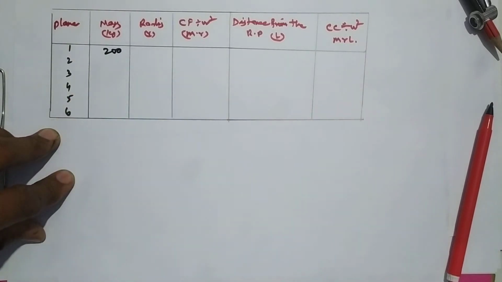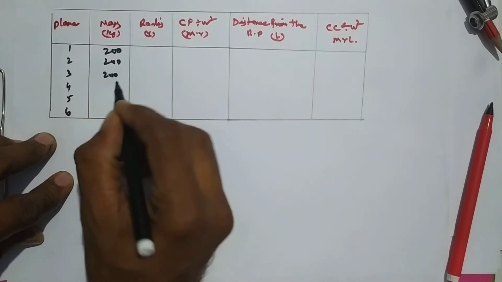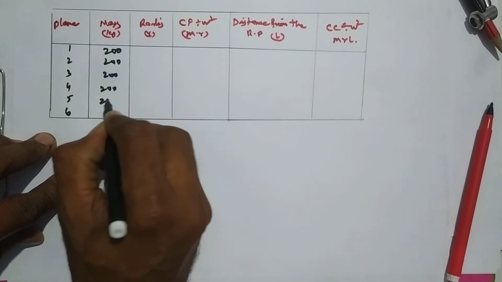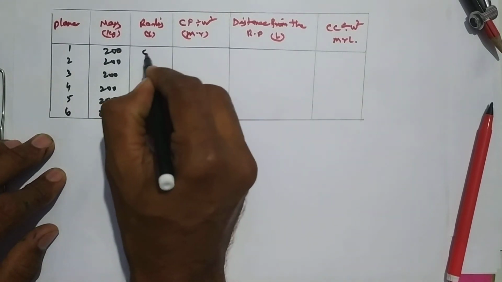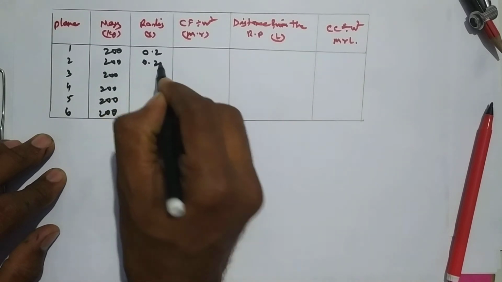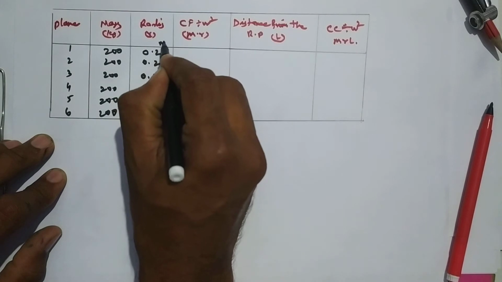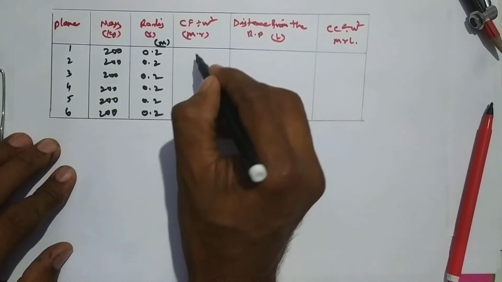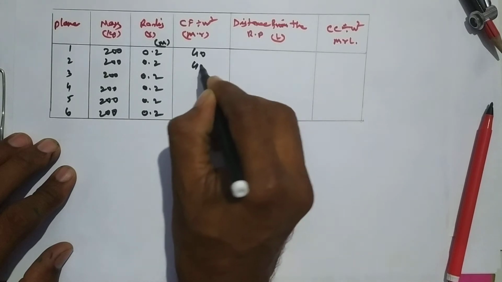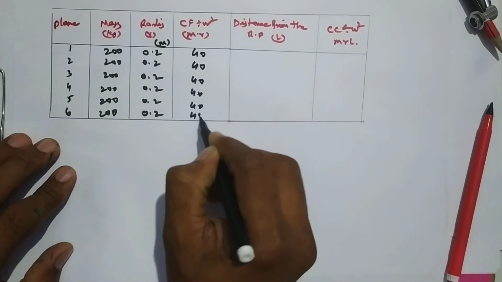So 200 for all. What is the radius of rotation? It is always 200 mm, so 0.2 meter. Multiplying both, you are getting the centrifugal force 40 for all.